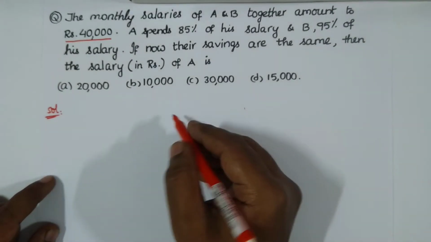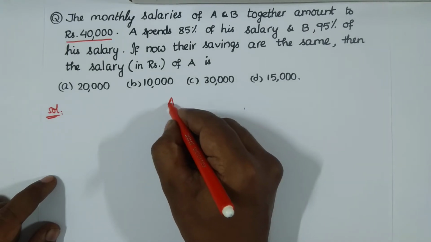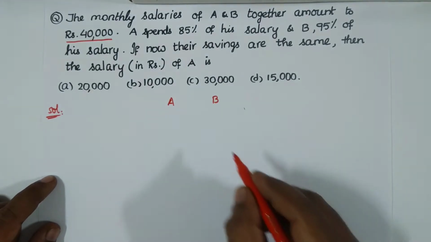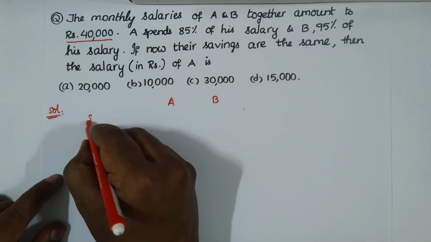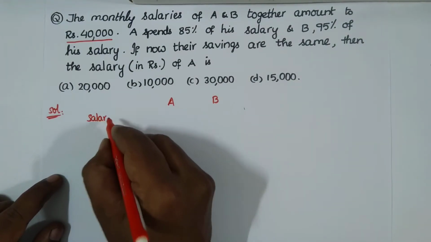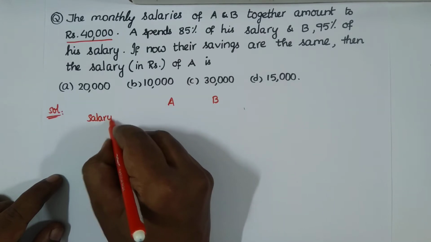Because now you have two candidates, A and B. Now the monthly salaries. This is a very simple question.